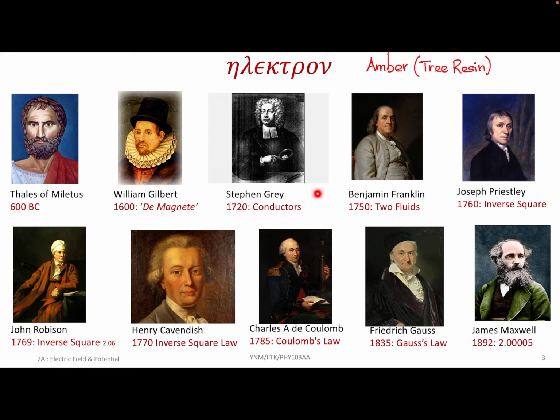And then around the 1750s, Benjamin Franklin, who is considered the founding father of the United States, a diplomat, printer, inventor, postmaster, and all sorts of abilities, experimented with electricity and came up with these two fluids, that is both positive and negative.